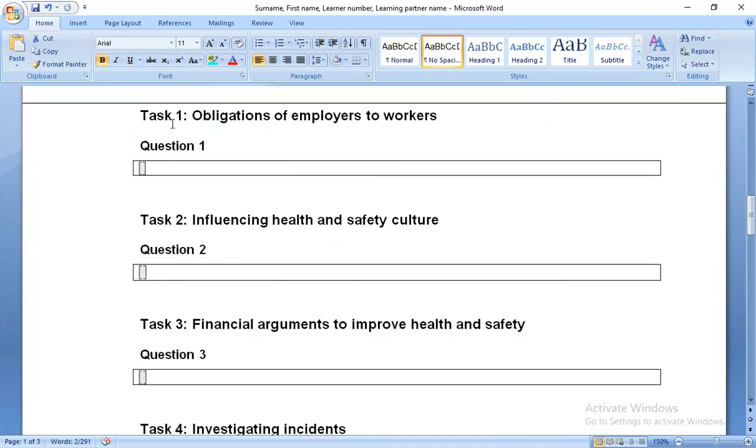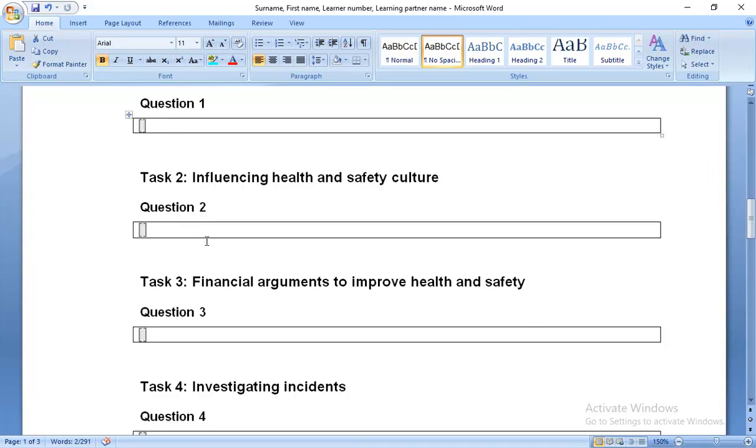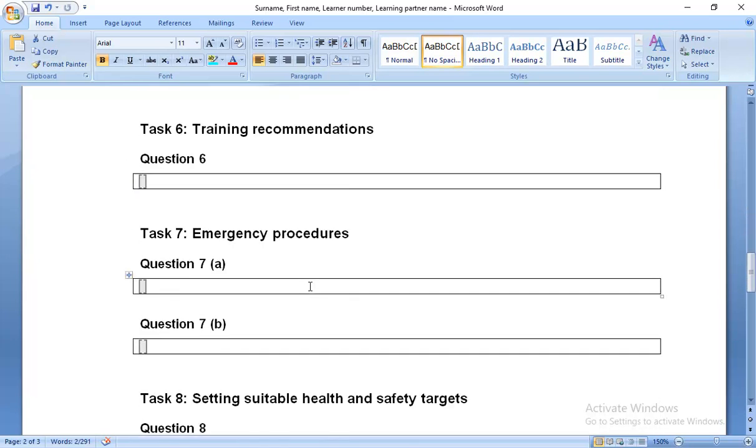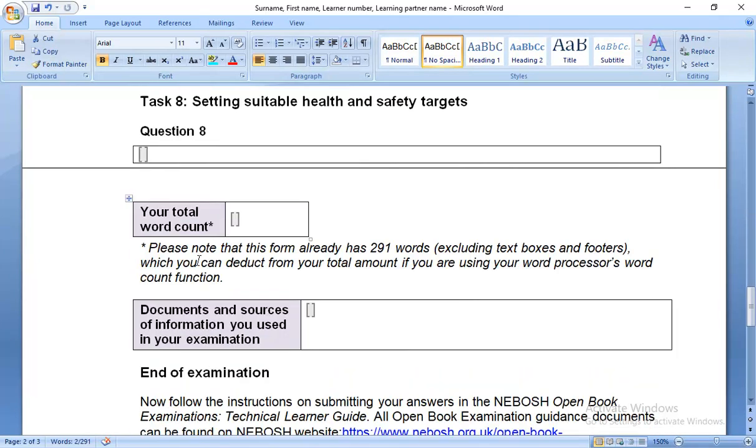We have task 1, obligation of employers to workers, then task 2, influencing health and safety culture, task 3, 4, and towards task 8. Here we have to mention the total number of words. Please note that this form already has 291 words, excluding text boxes and footers, which you can deduct from your total amount if you are using your word processor's word count function.